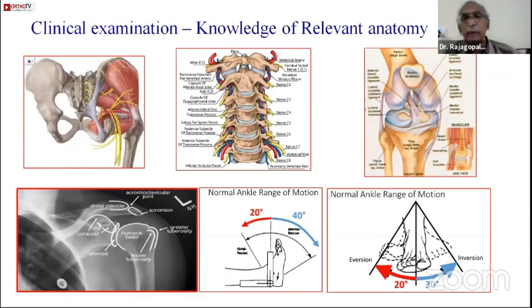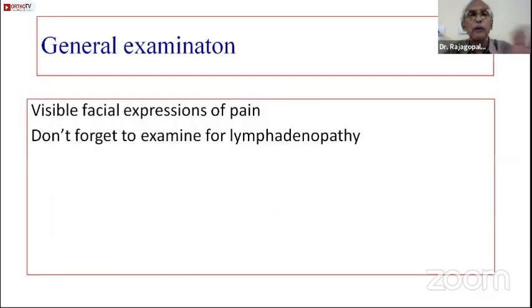Coming to clinical examination, the most important thing, you should know your anatomy. Spine, hip, shoulder, whatever be the joint, foot and ankle, you should know your anatomy. Coming to general examination, in orthopedics, lymphadenopathy we commonly include in general examination. So whatever be the case, don't forget to examine for lymphadenopathy. Second thing is, look at the patient.